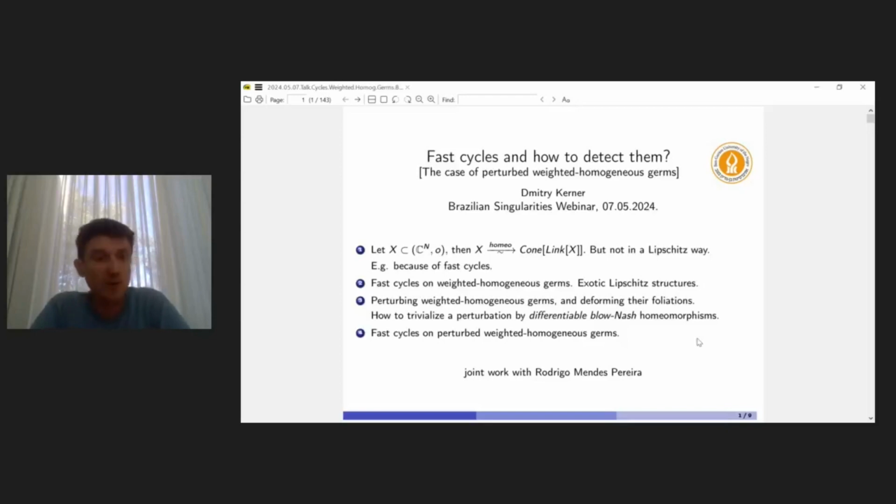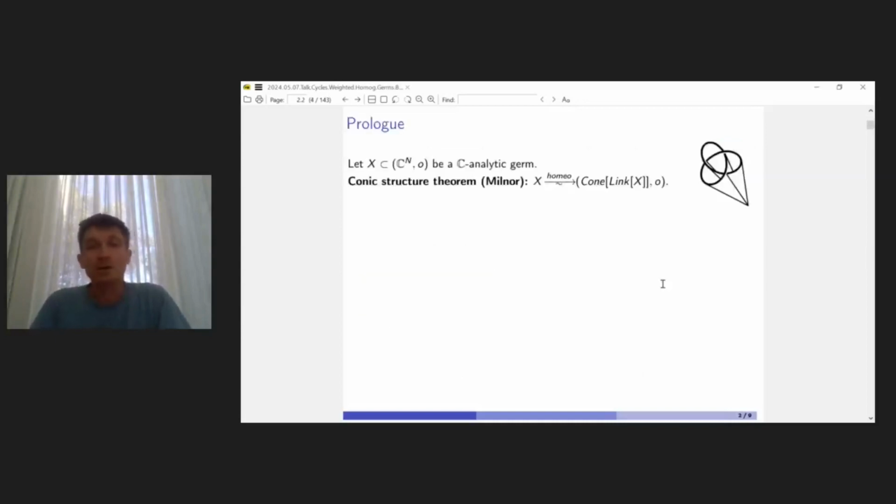So we did this work, we established some result, and then surprisingly, as a byproduct, we managed to trivialize some families by differentiable blow-analytic homeomorphism. So I will speak about this, and then eventually I will state the theorem in the general formulation. So let's start.